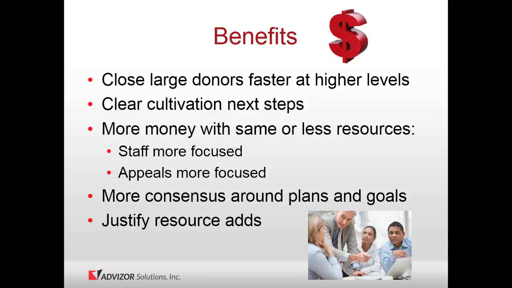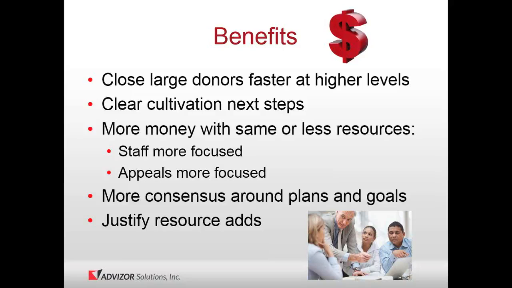Yeah, and just at the bottom too, there are great points in major giving and annual giving, but this whole idea of justifying resource adds. If you can monetize your prospect pool, because you can identify the ones likely to give and put a number on it, which is usually a combination of capacity and attachment, which is a combination of activities, participation and engagement from a variety of areas.